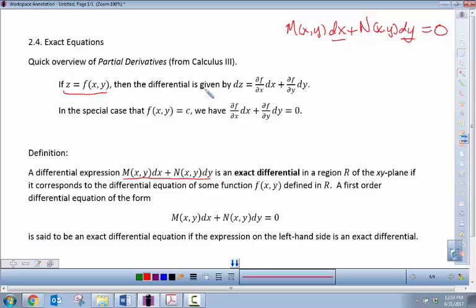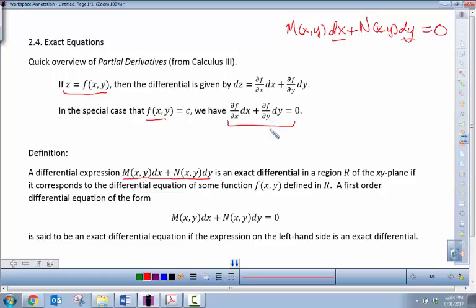So what they're saying here is that there's a case where if the function was equal to a constant, then the differential can be given by taking the differential of the left-hand side, and the derivative of a constant c is 0. So what we have here essentially is a differential equation.